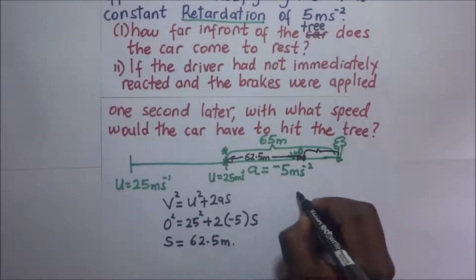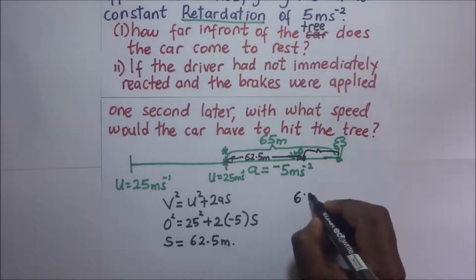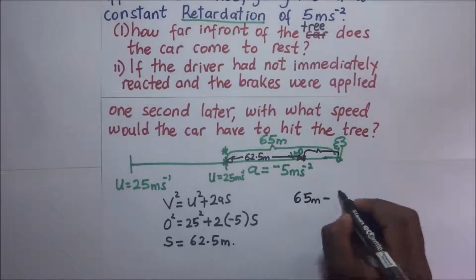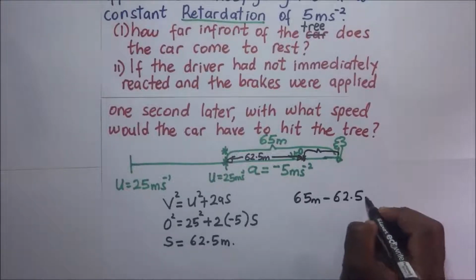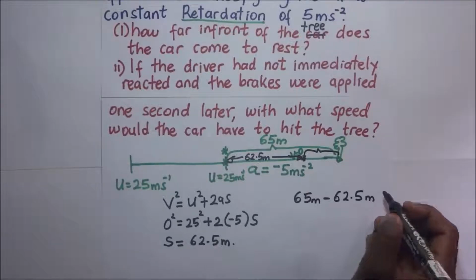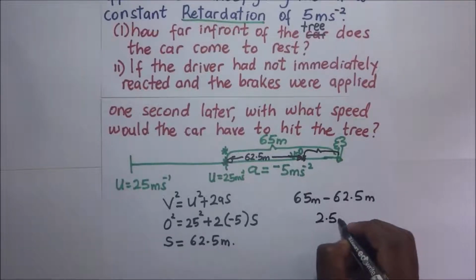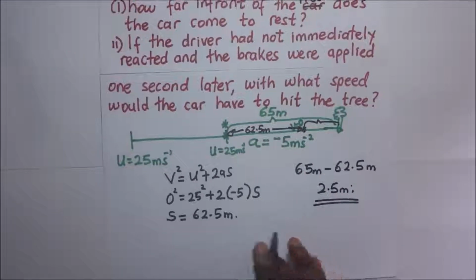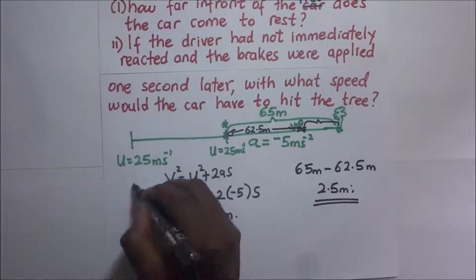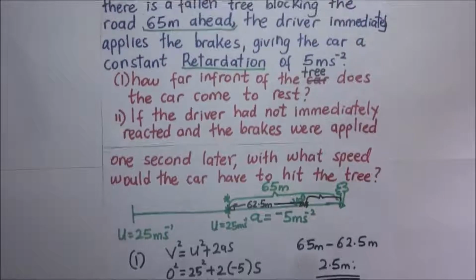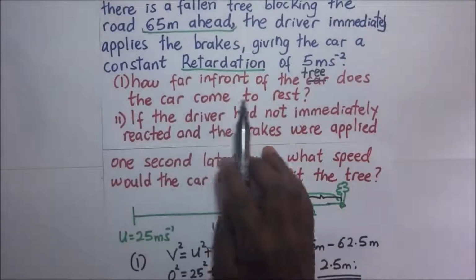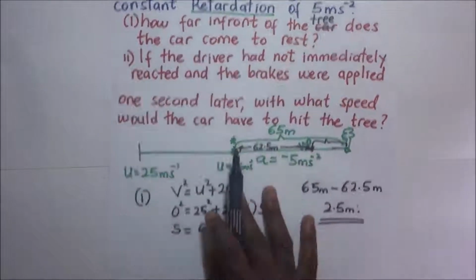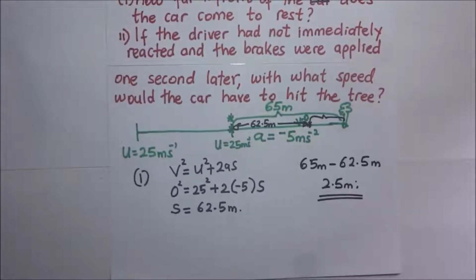Definitely our answer is going to be 2.5 meters. So for Roman 1, how far does he come to rest in front of the tree? The answer is 2.5 meters.